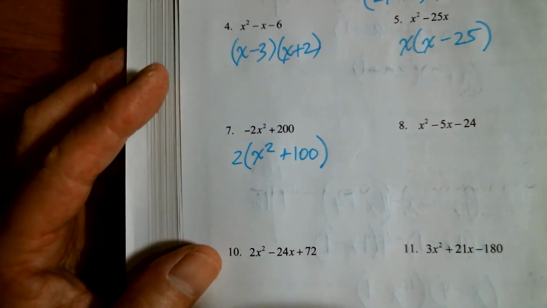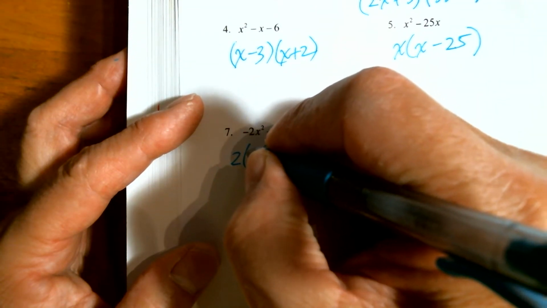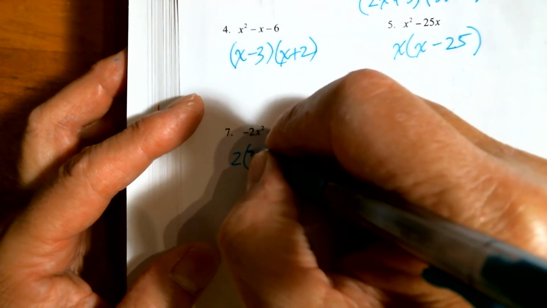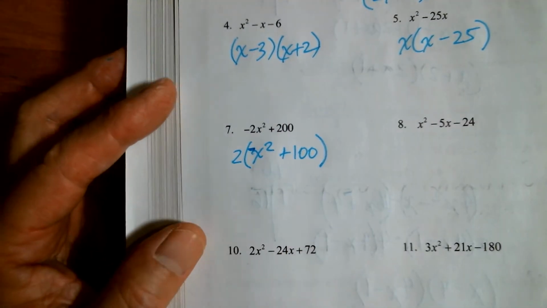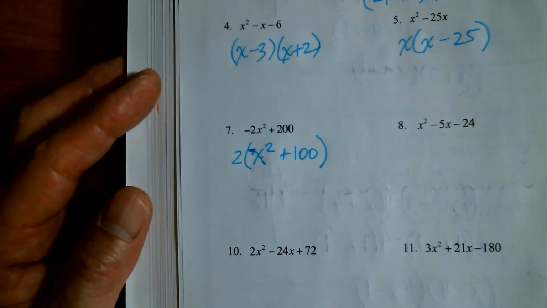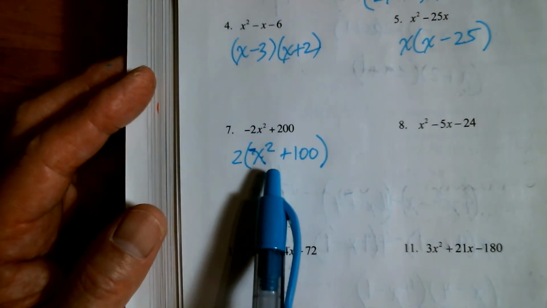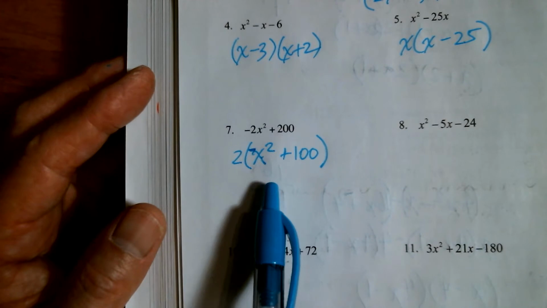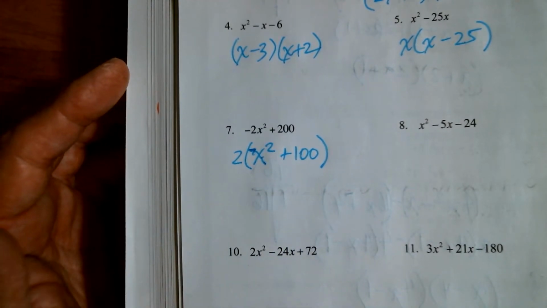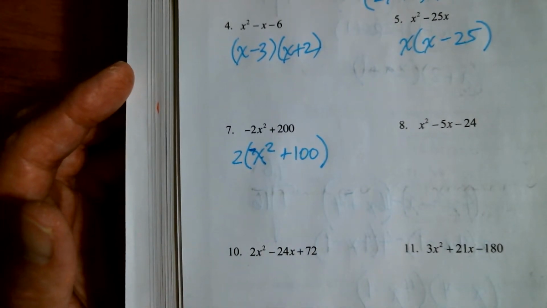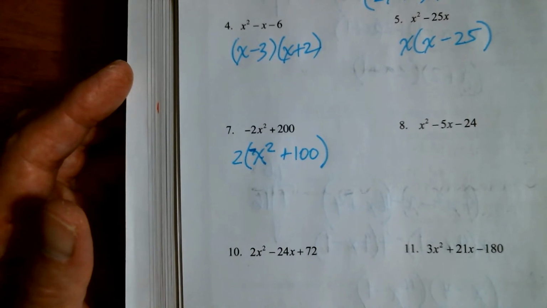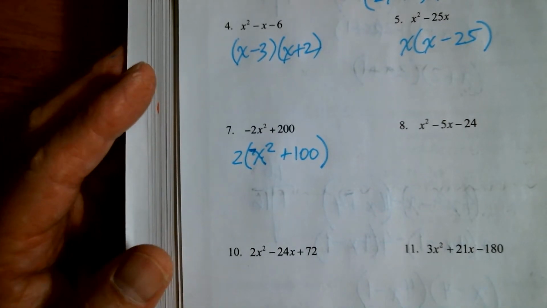Oh, okay. Forgot the negative sign. Don't forget the negative sign. Now this is the same as 100 minus x squared. Same thing. Like a perfect square. Well, not a perfect square, but a special case.